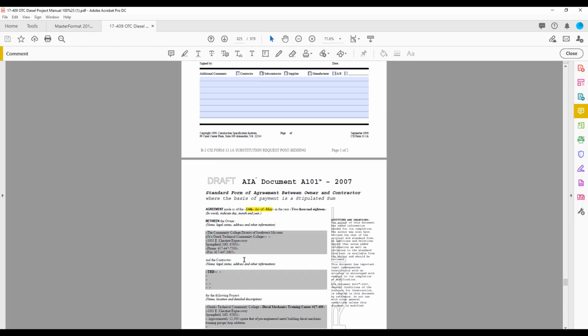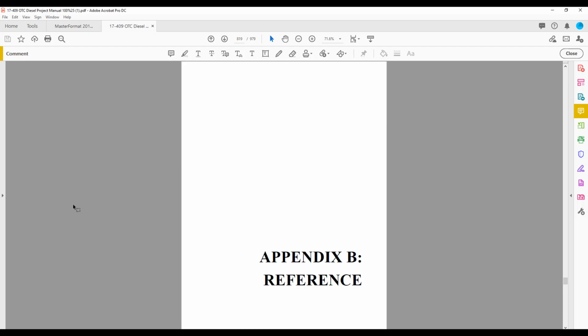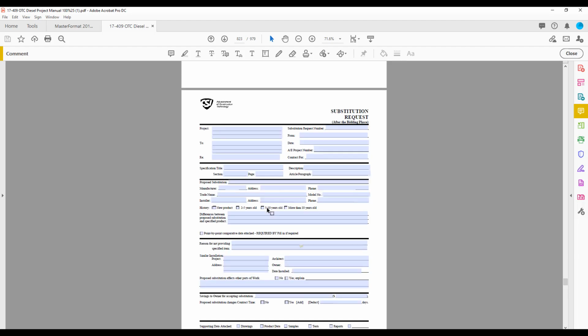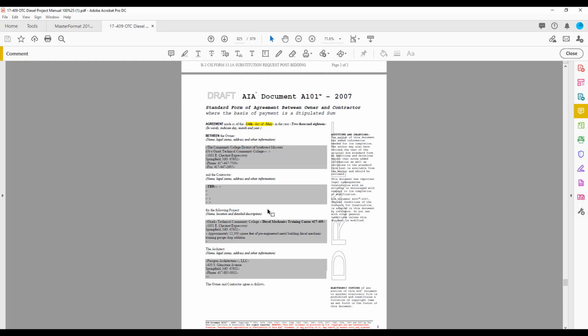If we go to Appendix B and scroll down, we will first come to the AIA document A101. This is a standard form agreement between owner and contractor where the basis of payment is a stipulated sum. It's very important to recognize that it has the addition of where the basis of payment is a stipulated sum, because there are different forms, and this is what makes this one different from the others.